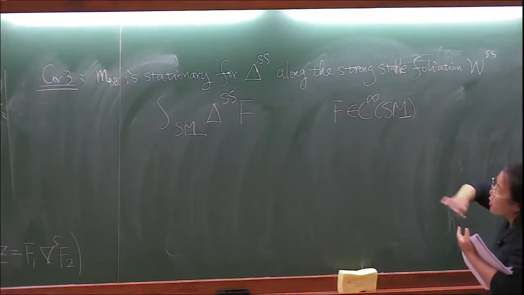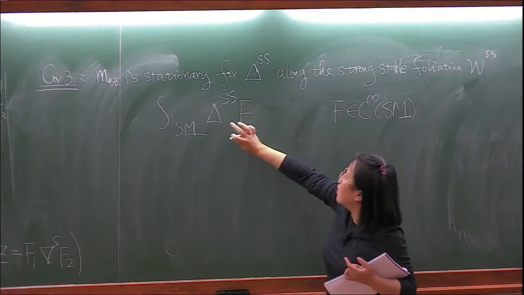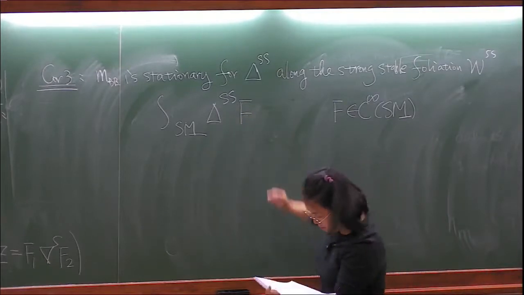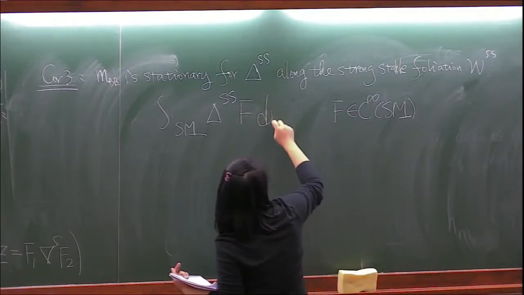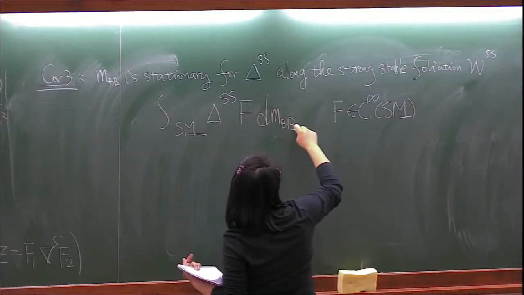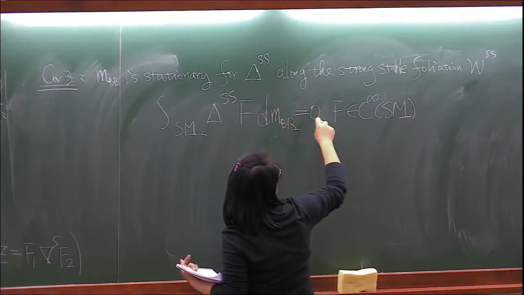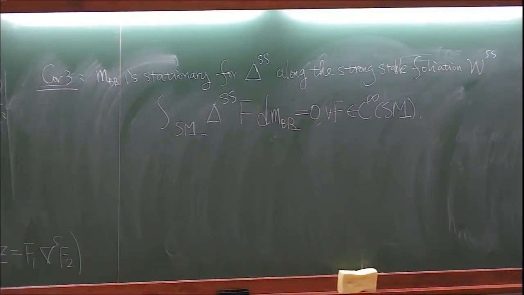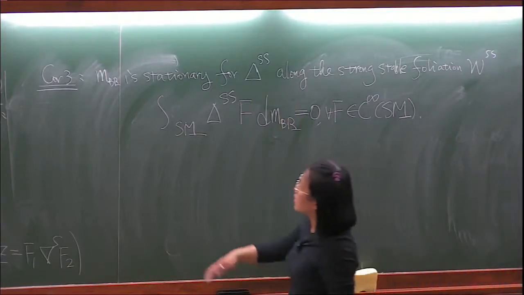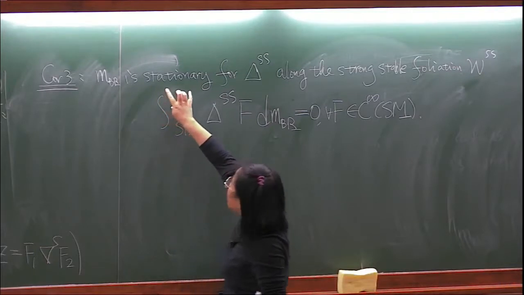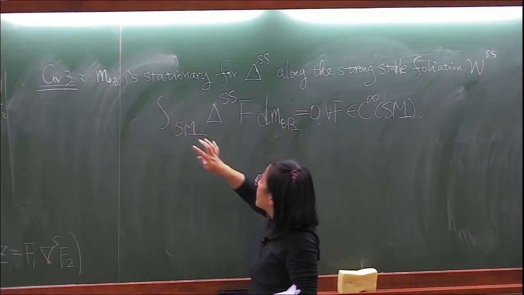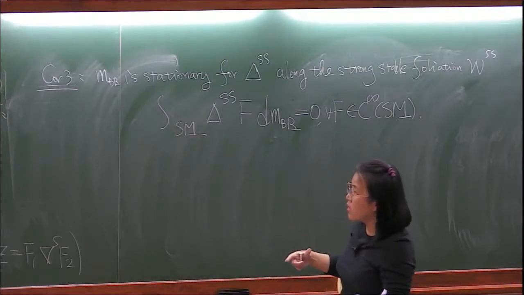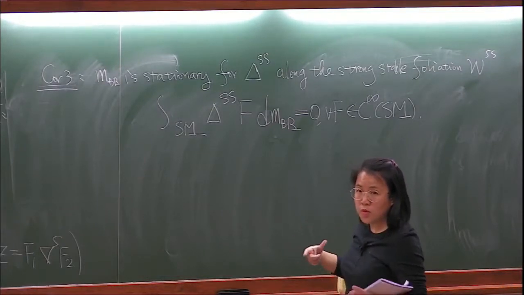Then you consider the integral of this Laplacian applied to f, and actually this equals 0. This is the property of this BMR measure. As you can see, once I put the word stationary here, we have already stepped into the random case.